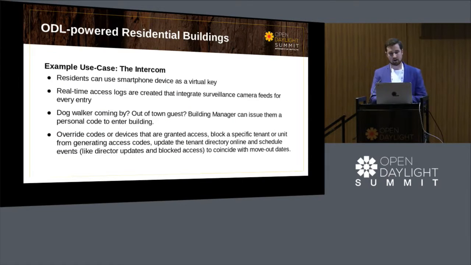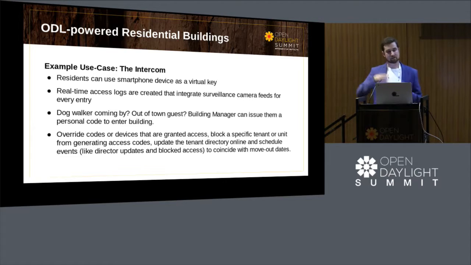And then finally, from an end user perspective, because a lot of times we talk about it from the service provider, enterprise and vendor perspective, but from an end user perspective, we don't have a project in this, but you could theoretically, with an OpenDaylight-powered IoT-enabled building, take an old ingrained building system such as the intercom and turn it into a system where the network administrator could provide a virtual key to your cell phone to be able to enter the building.